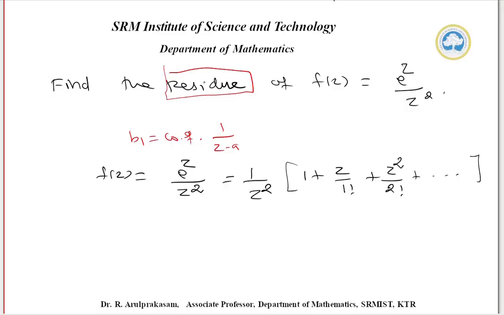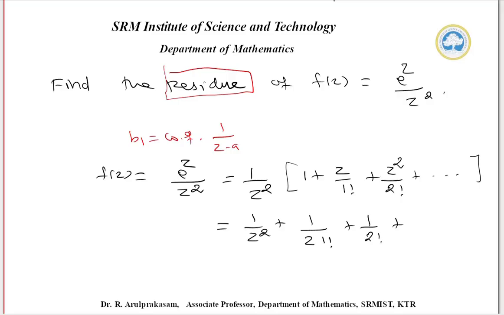In the numerator I have this series, and in the denominator I have z square. Simplifying, we get 1 by z square plus z divided by 1 factorial z square, which is 1 divided by z by 1 factorial, simply 1 factorial, plus z square cancels, so 1 divided by 2 factorial.